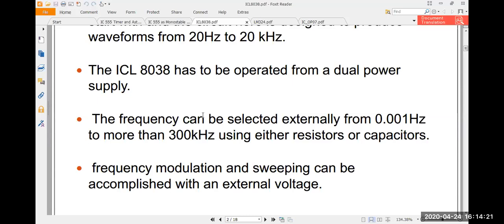See, the frequency range can be increased by connecting various external components, and we can increase the frequency range more than 300 hertz or 0.3 megahertz.